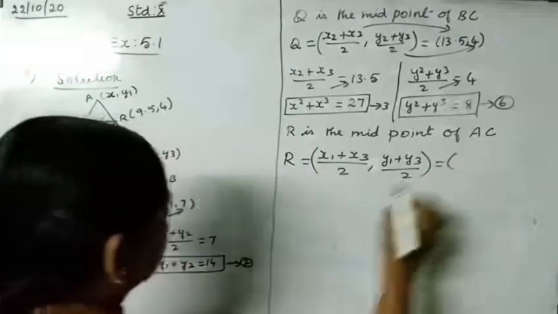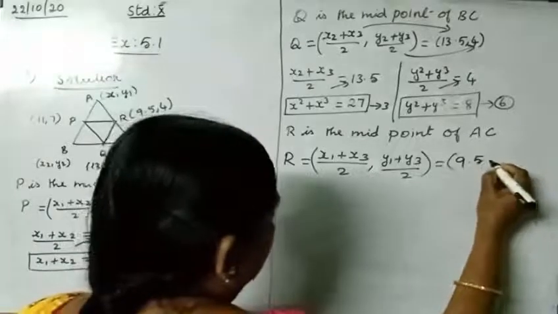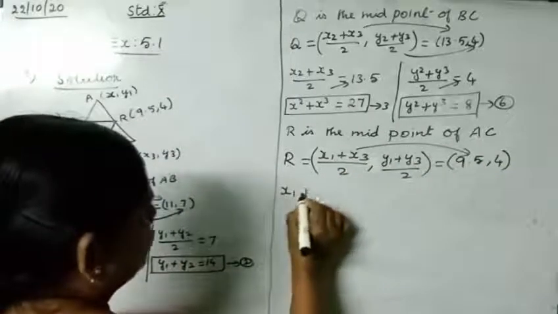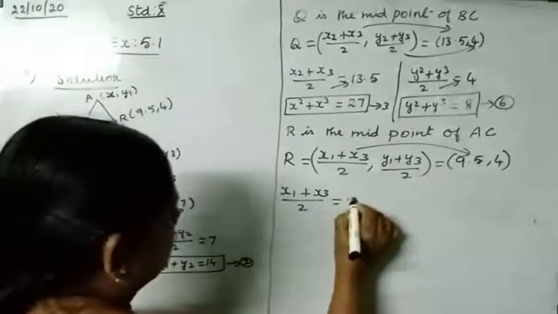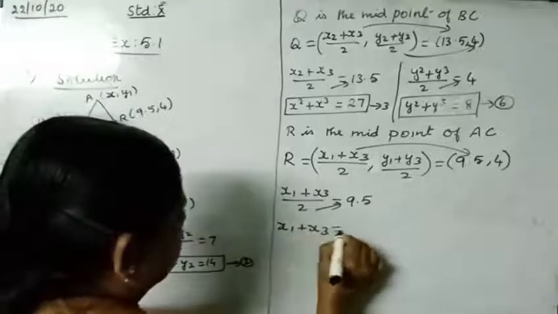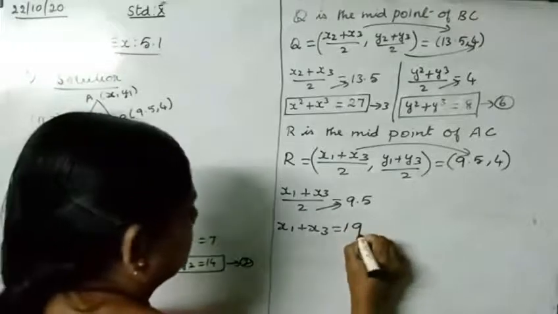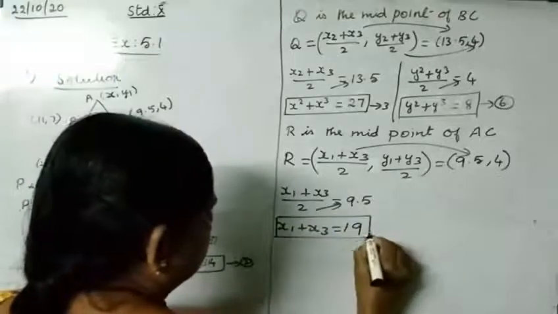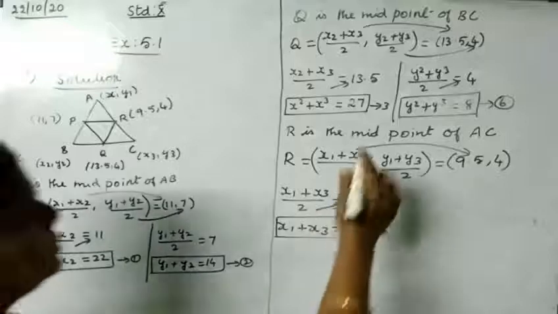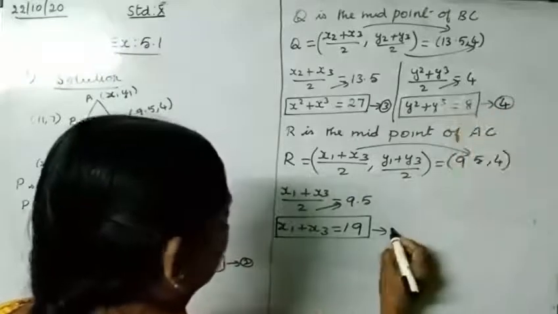Which is equal to the R coordinates, (9.5, 4). Now equating these x coordinates. So x1 plus x3 divided by 2 is equal to 9.5. Cross multiply. We are getting x1 plus x3 is equal to 9.5 into 2, which is 19. Sorry, this is equation number 5. This is equation 3, 4 and this is 5.